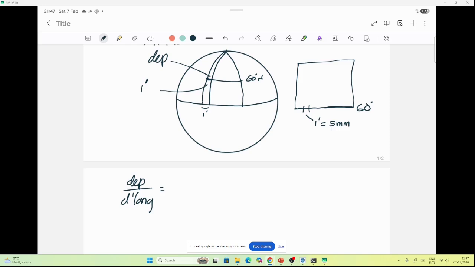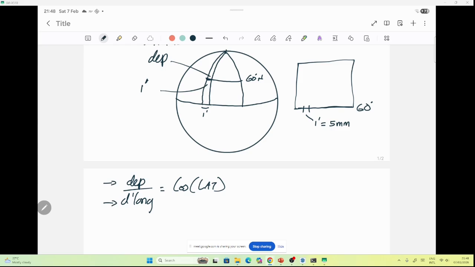As per the parasailing formula: cos latitude. Very good. So if we know the distance of d long, we can very easily find out departure.